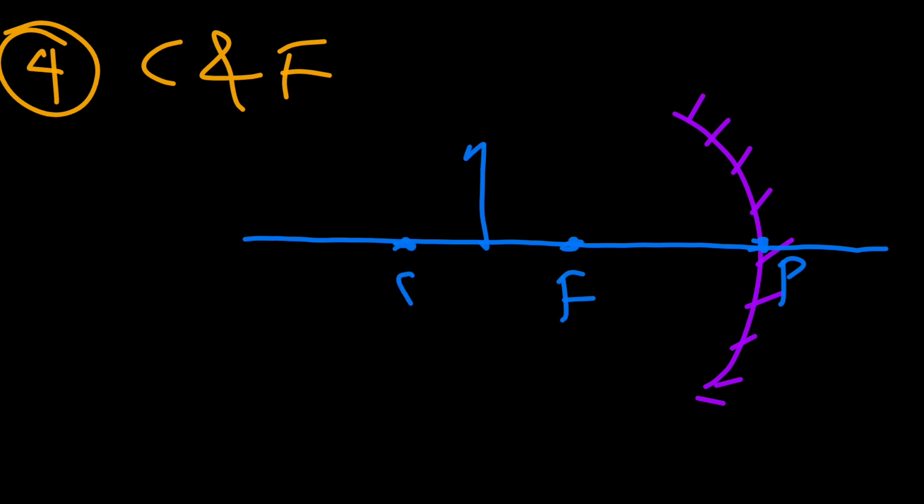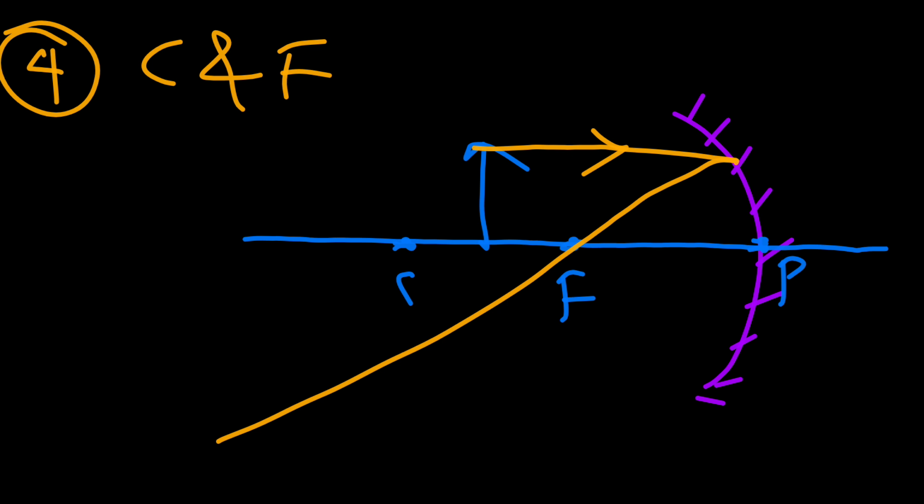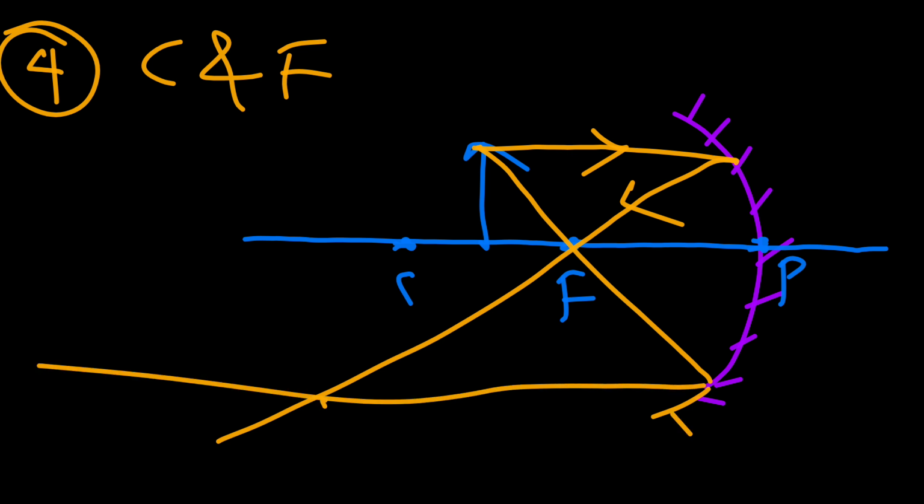Now the object is in between C and F. Let's consider a parallel line, parallel to the principal axis. After reflection, it passes through the focus. First situation. Second situation, when a light ray passes through the focus, let's say like this. After reflection, it passes parallel and meets at one point here, that too beyond C.